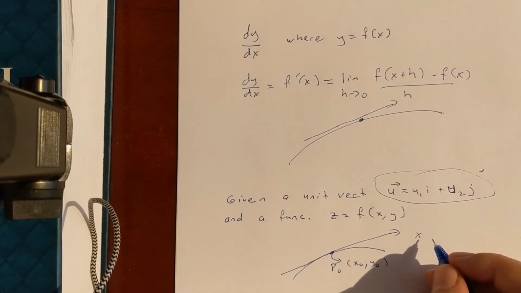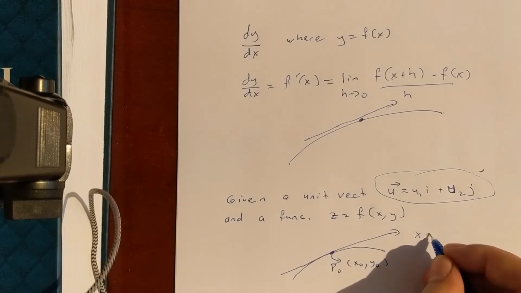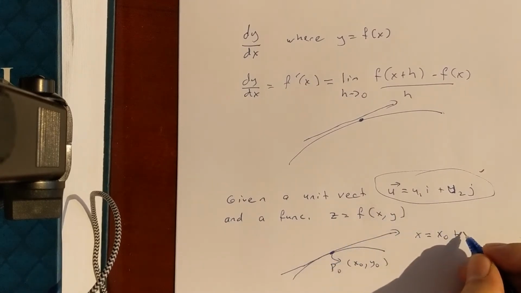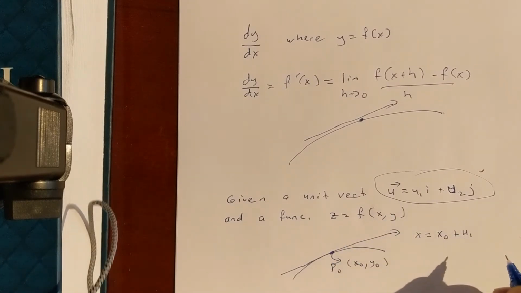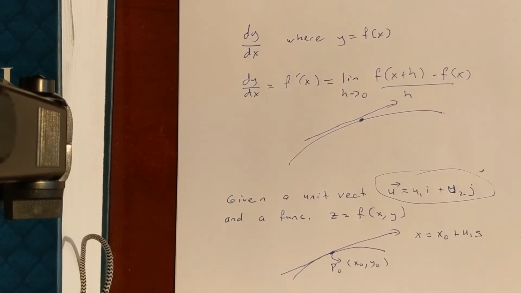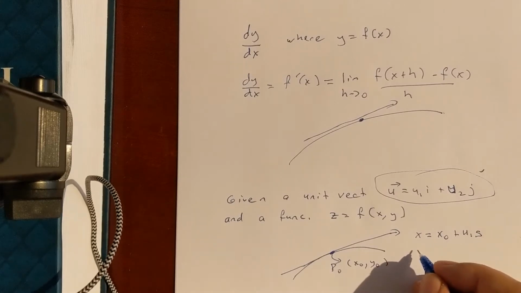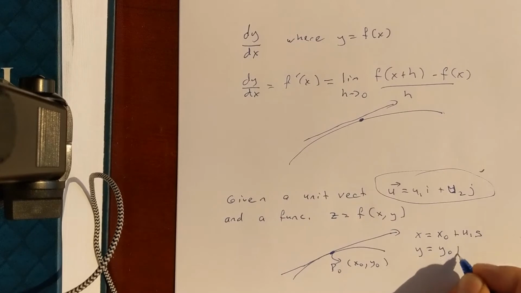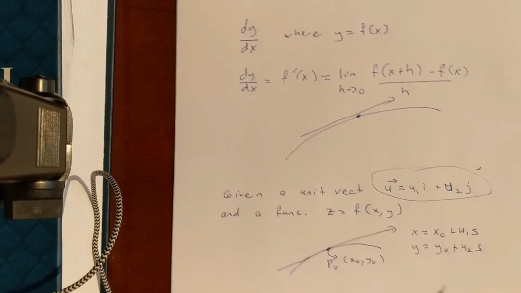well, one thing I can do is parameterize it as x naught plus the first component, u1, times, let's say, s. And the y component of the line would be y naught plus u2 s.